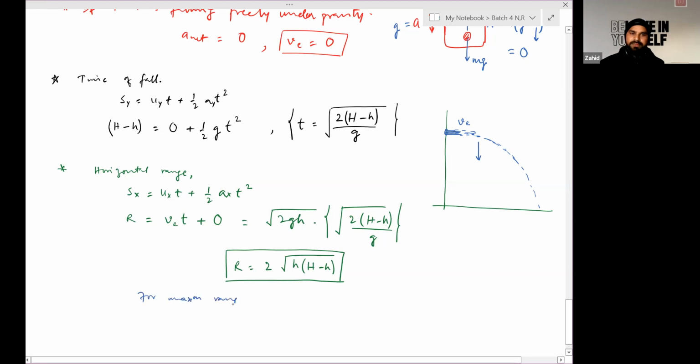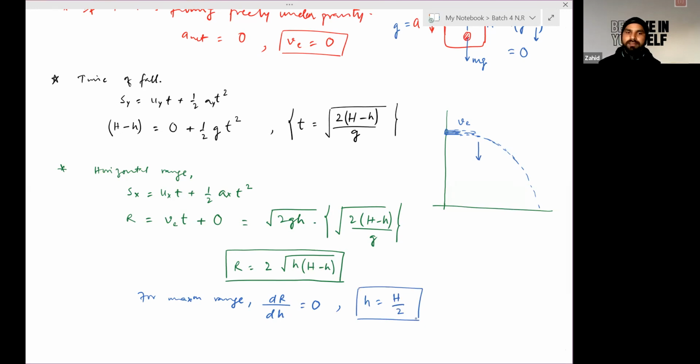So for maximum range, differentiate it and put it to 0, and you will get h equals H by 2. It means if a hole is cut at the midpoint of the entire tank, it will give you the maximum horizontal range of stream, and the range in this case will be equal to H.